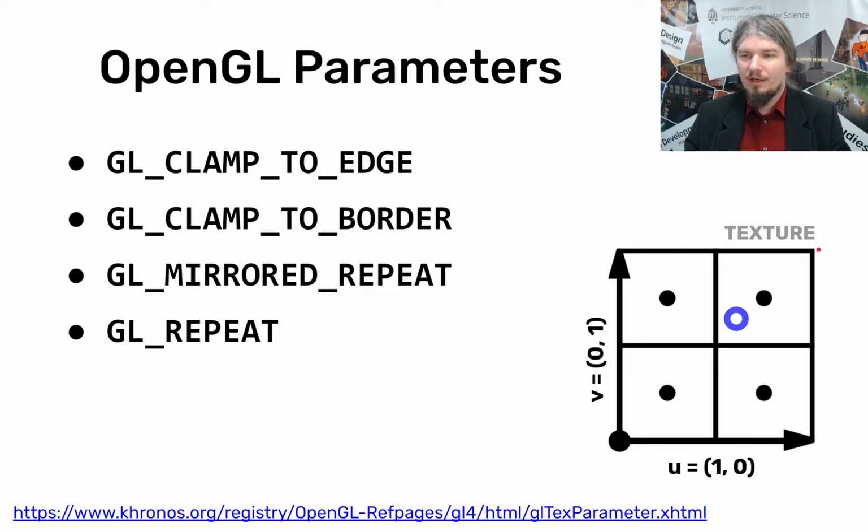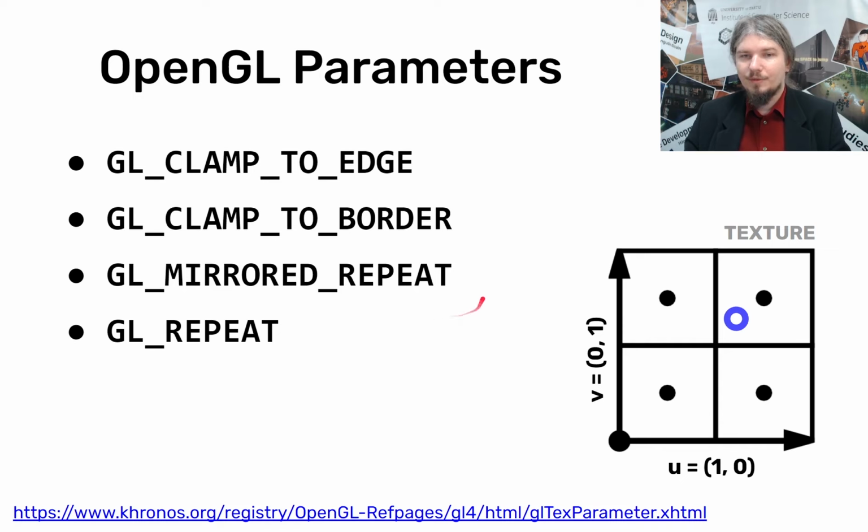So 1, 1 would be the top right corner of the texture, 0, 0 would be the bottom left corner of the texture. But if we would want to sample from, let's say, the coordinate 0, 2, then that value would be up here. But our texture has ended. So what should the GPU do?